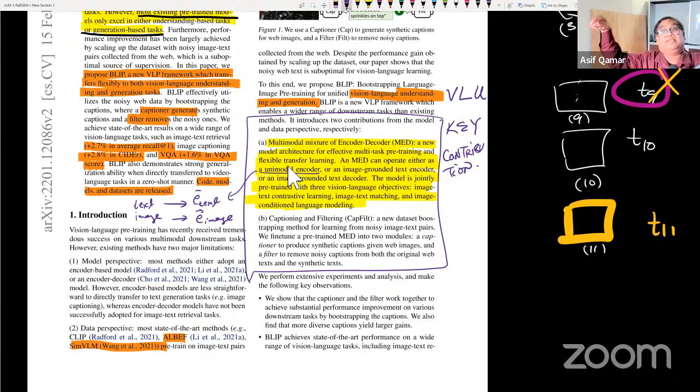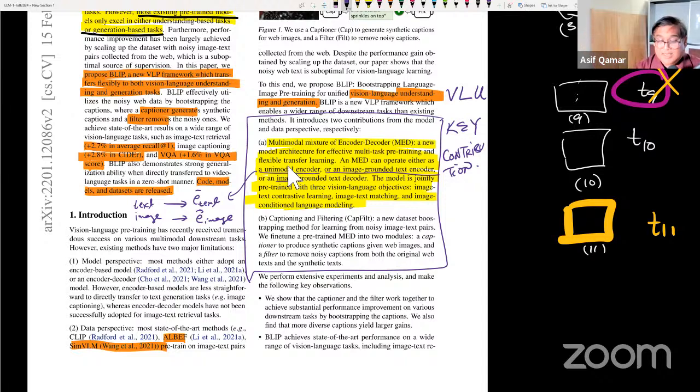And so you can create a vector embedding that is contextually aware, that takes the semantics of both the image and the text together. That is what is meant by this statement, image-grounded text encoder. So it will create a vector embedding that is sensitive not just to the text, but to the image. And this is multimodal embedding, isn't it? Because it's jointly taking information from the image and the text to create the embedding.